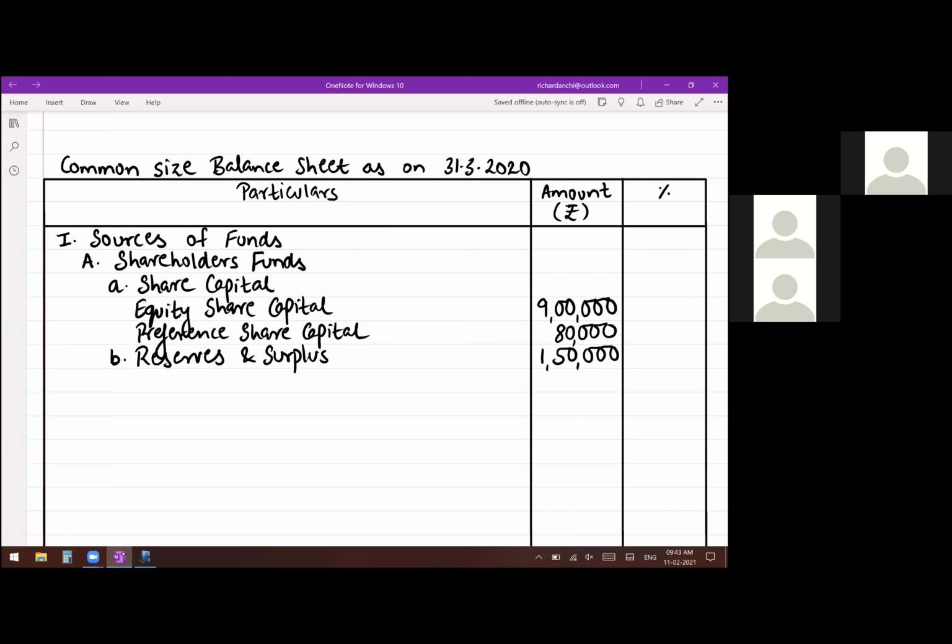The next two items, secured and unsecured loan, both are borrowings. We will put it under the head B, borrowed funds. Borrowed funds, write down. Firstly, secured loan. Secured loan amount is 3 lakhs.